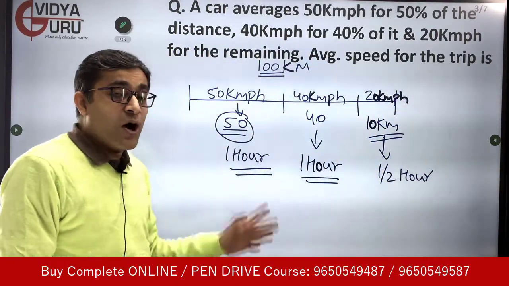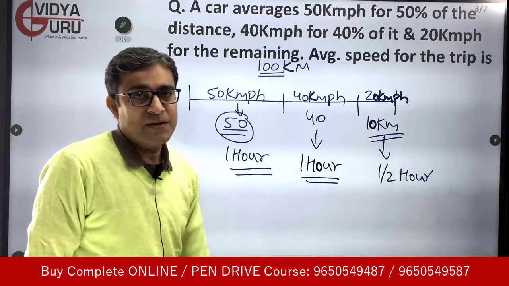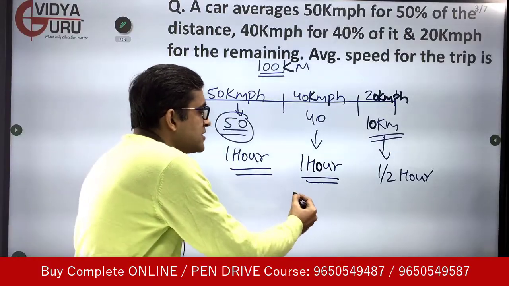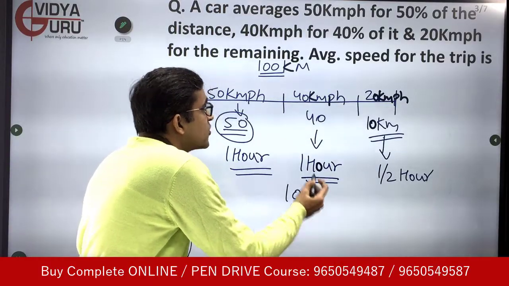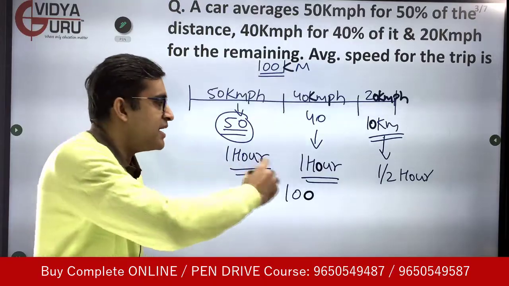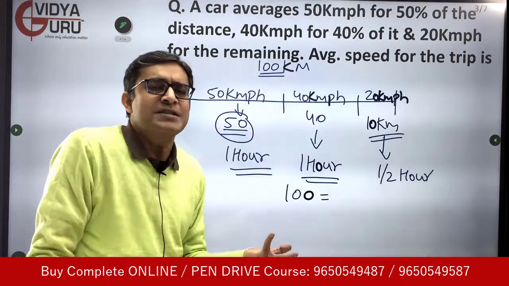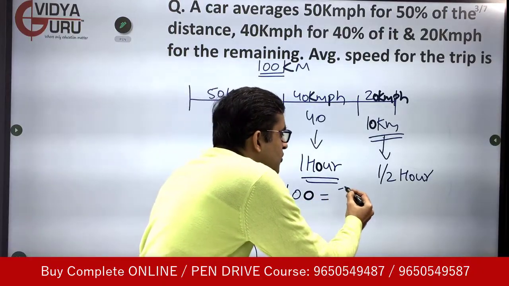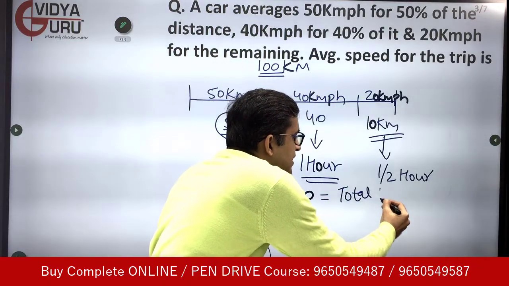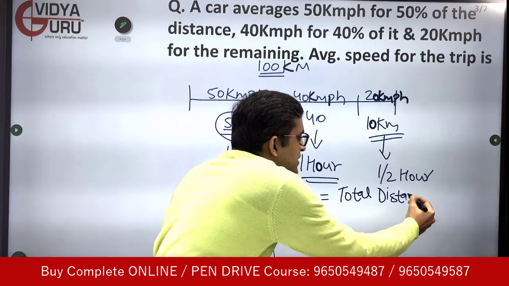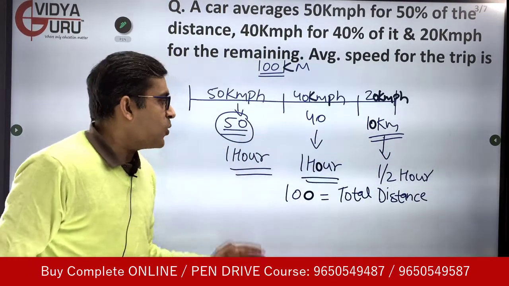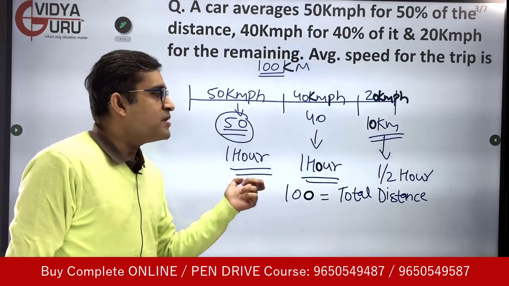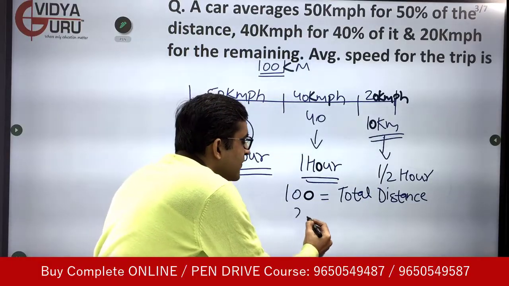So now, students, you are covering a total distance of 100 kilometers. What is average speed? Average speed is total distance upon total time. Total distance is 100. Now look at the total time. The total time is 2.5 hours.